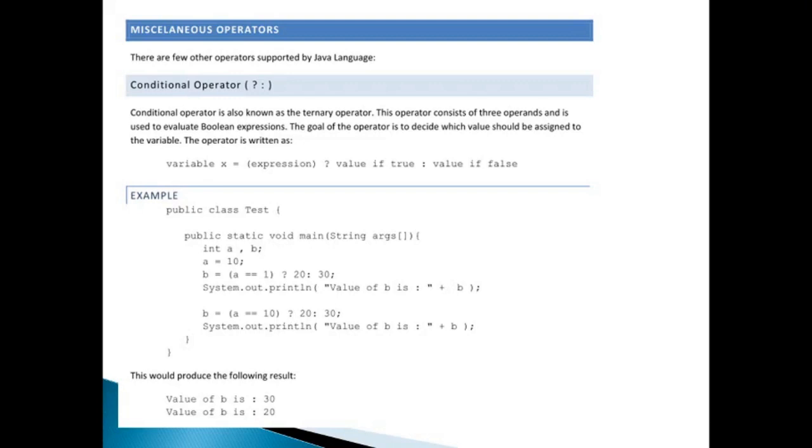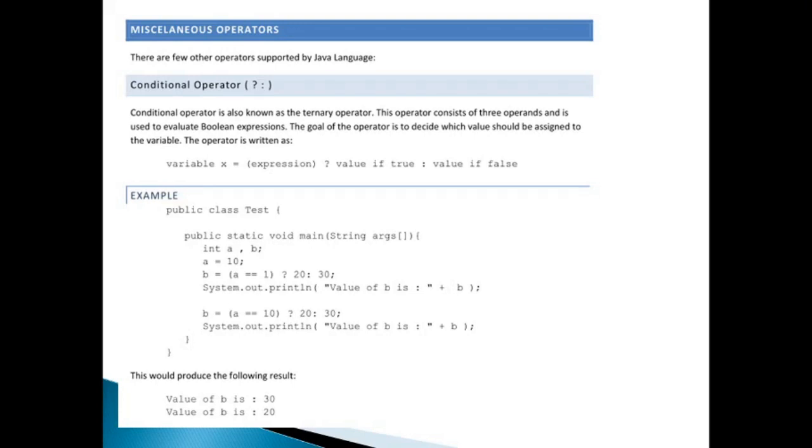There's another category known as miscellaneous operators. What are these miscellaneous operators? Miscellaneous operators can be used in their own specific ways, like the conditional operator, or the ternary operator, which is used with the symbols question mark and colon.